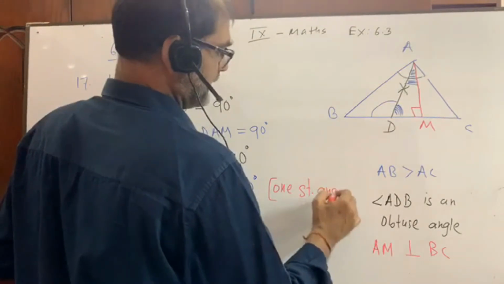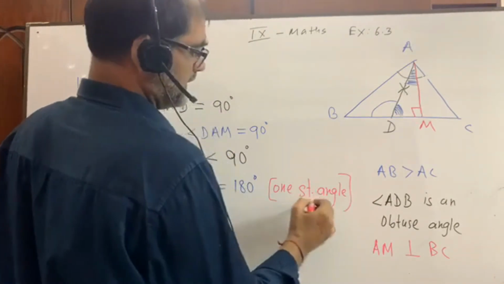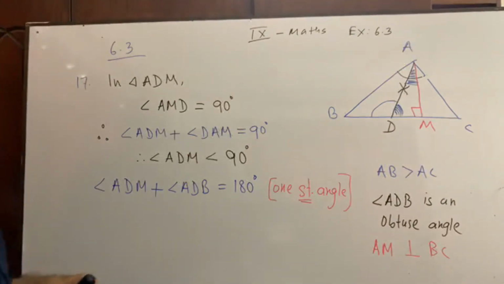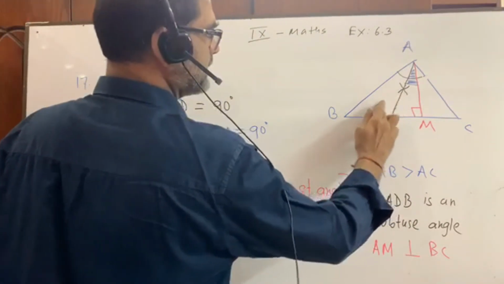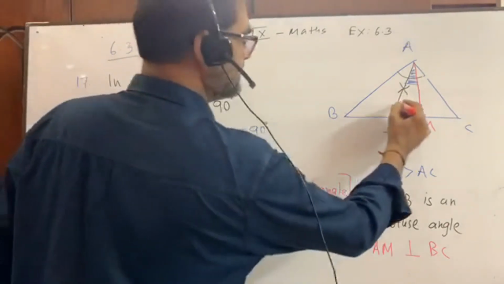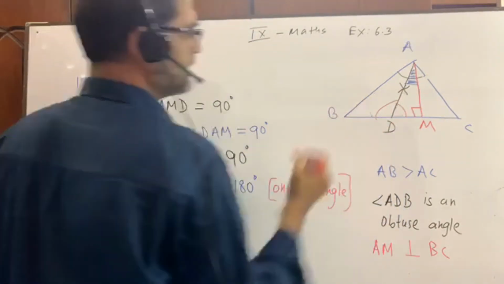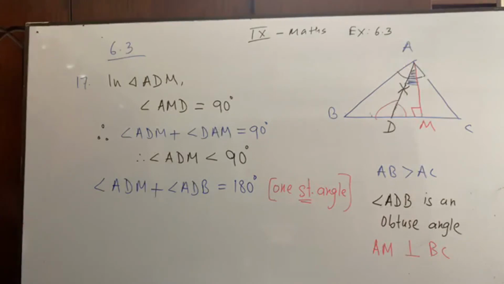ST means straight. One straight angle. I am telling you that this angle and this angle, these two angles together make 180 degrees, right?